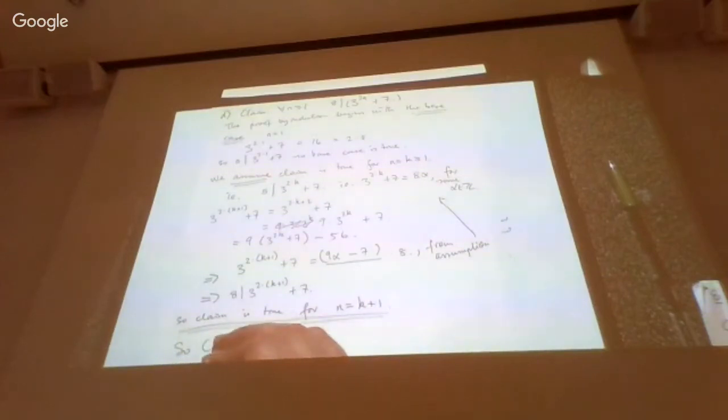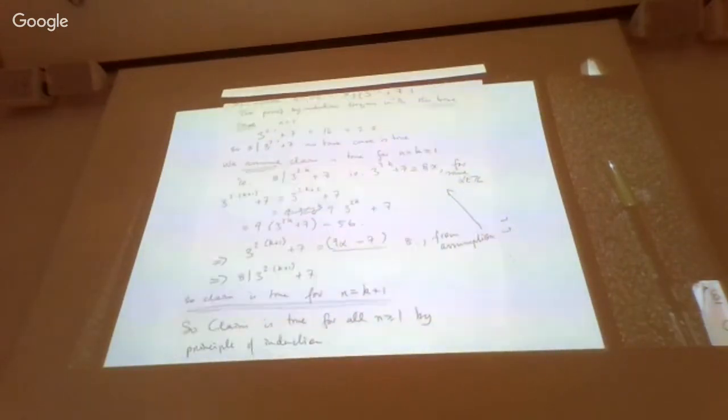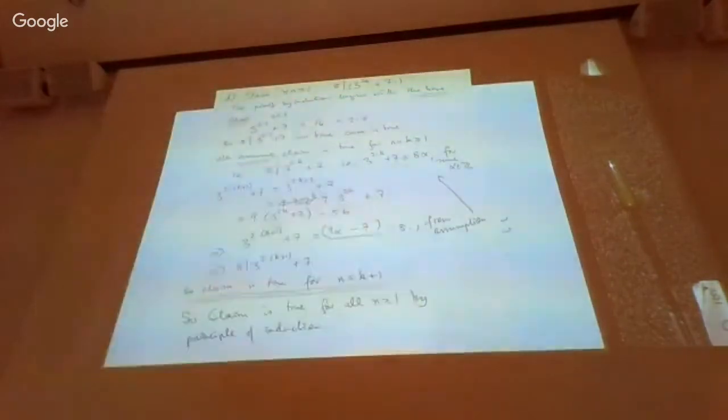So the claim is true for all n by the principle of induction. That's just the final declaration. You've proved all the necessary steps and proved it by the induction method.